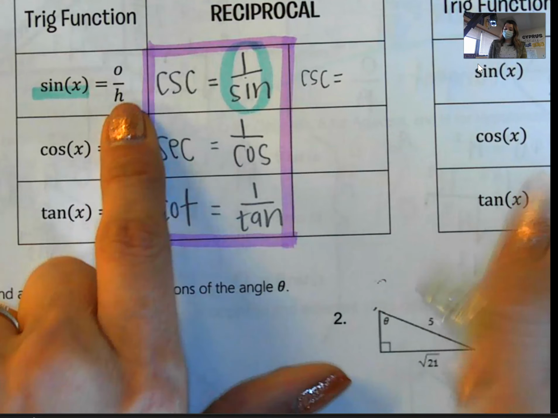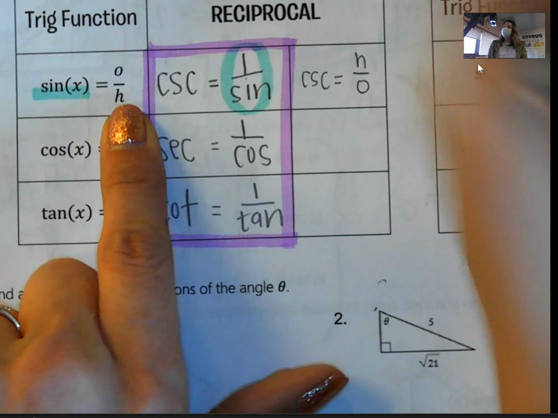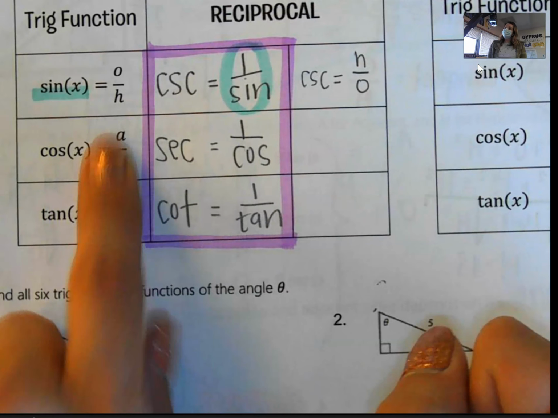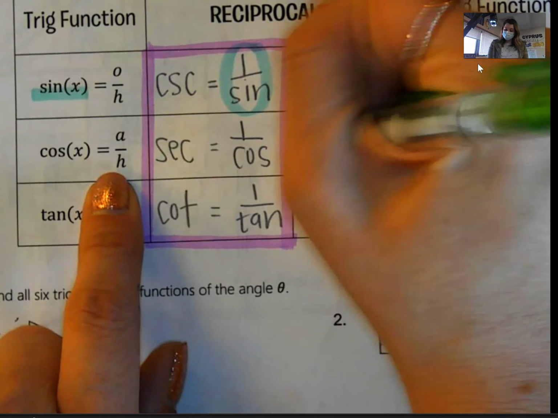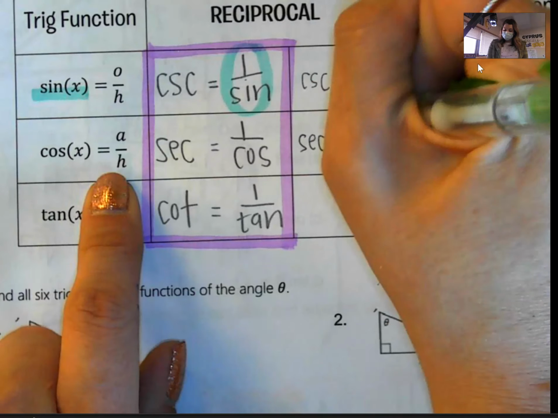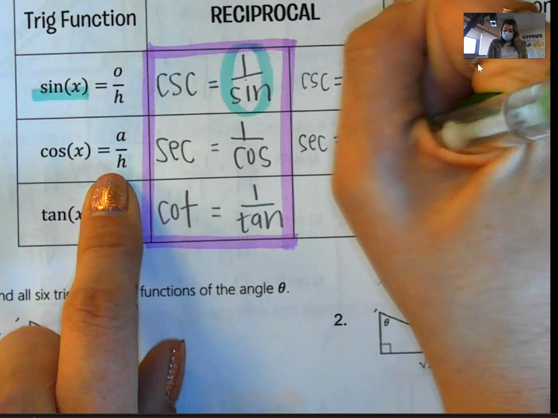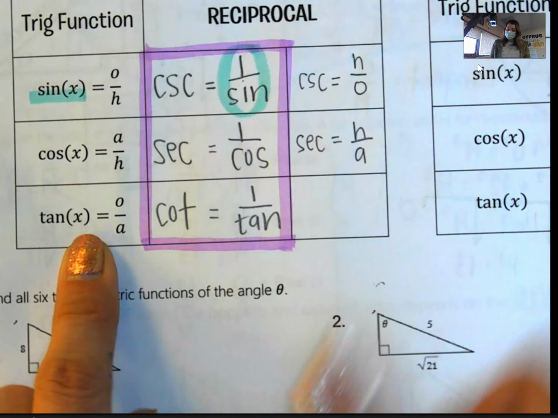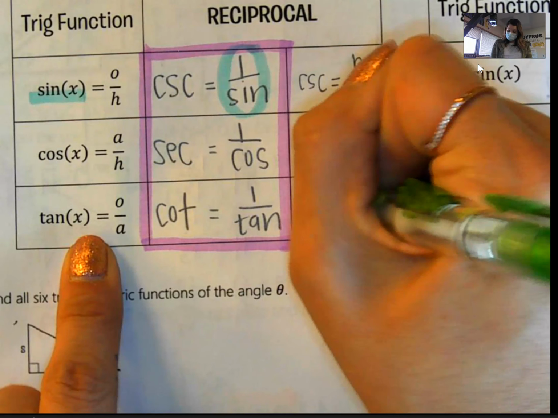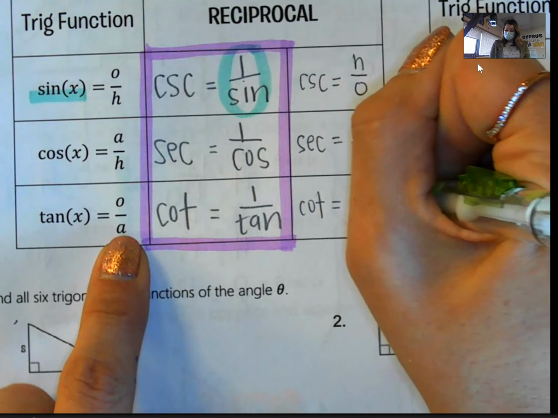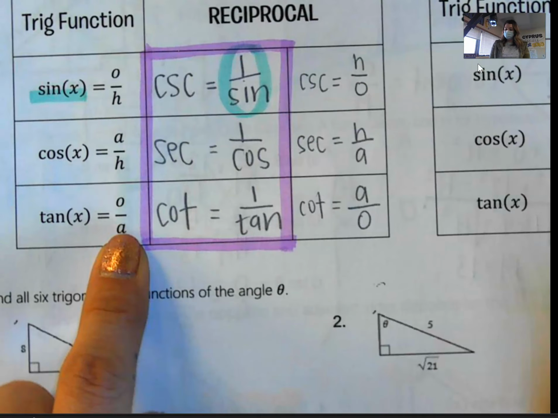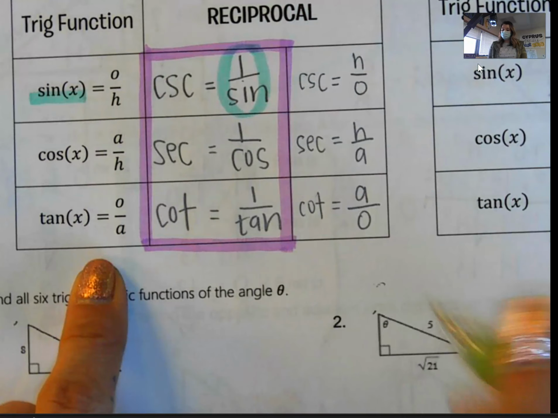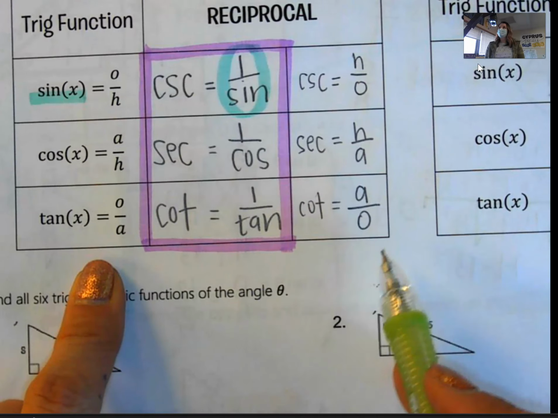Instead of O over H, it's H over O. Cosine is A over H, so that means secant is H over A. And then cotan would be A over O. So these ones are SOHCAHTOA, you just flip them for the reciprocals.